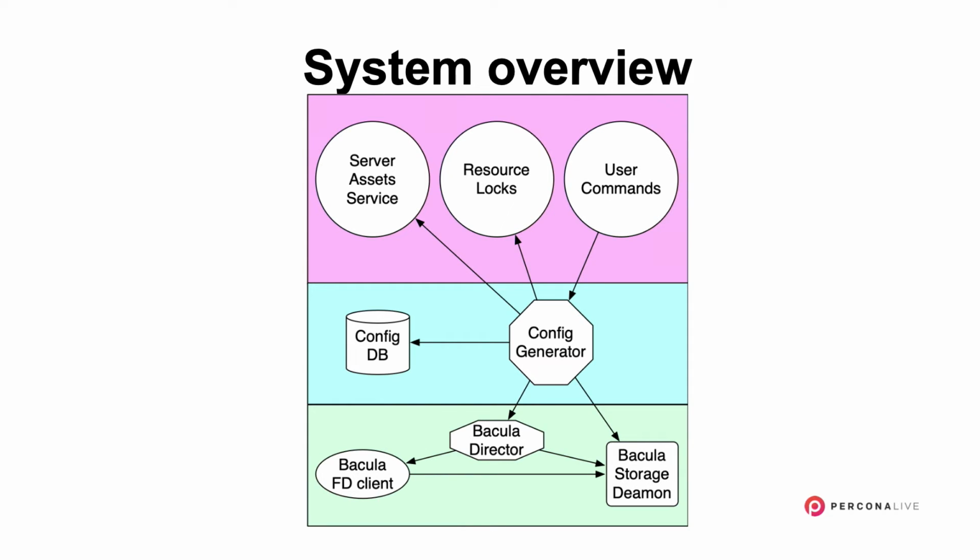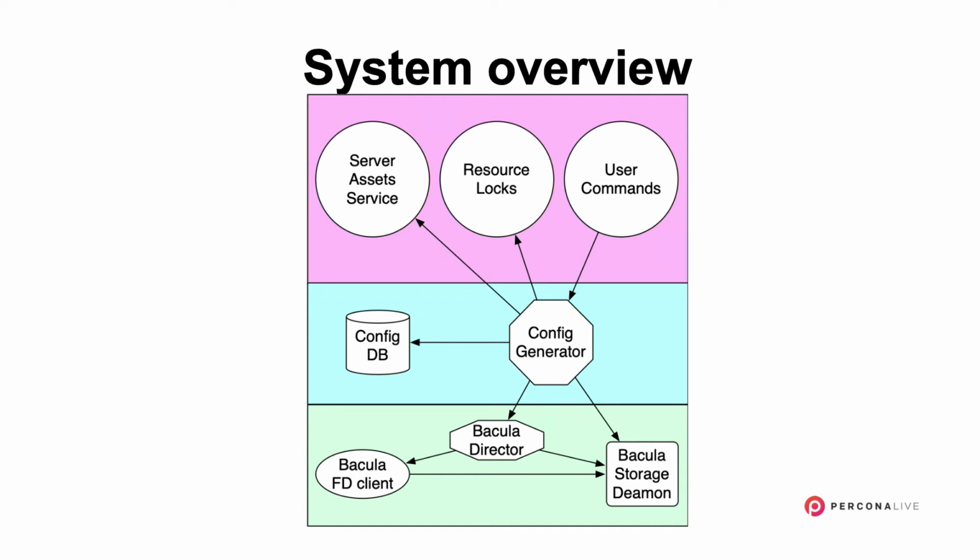We read in information from our server asset database to discover servers, and we'll talk about how we do that. We also have resource locks, because in some cases these are shared resources. We want to make sure that we don't take a backup that impedes some other activity, but we also want to make sure that other activity doesn't break our backup.